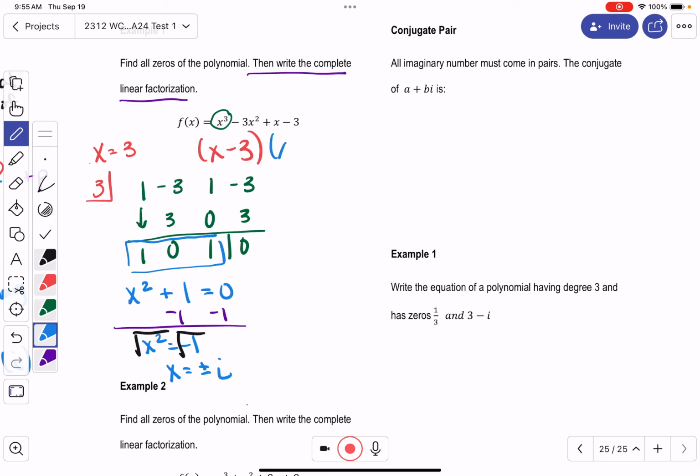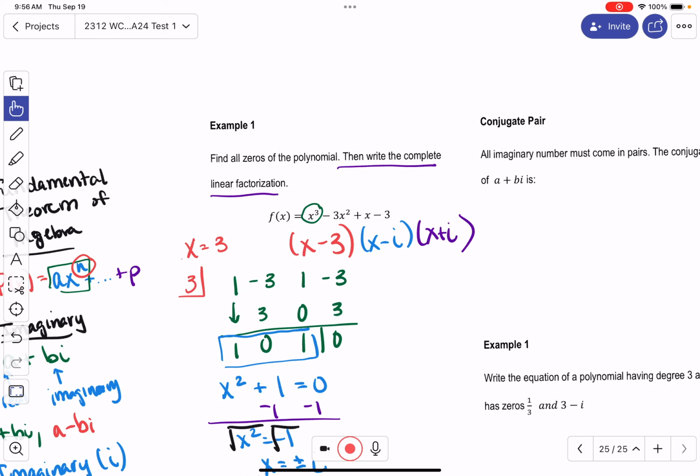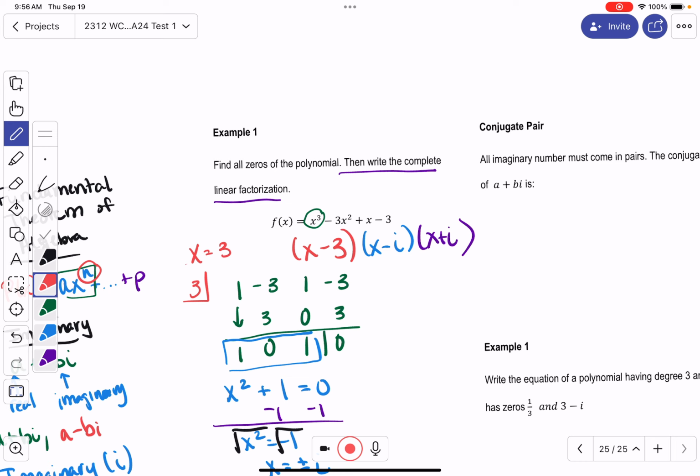Then x minus i gives me the positive solution, and x plus i gives me the negative solution. And those are my three solutions. If you were to multiply this out, you would see that it gives you the actual equation that we started with. I'll show it to you right here.